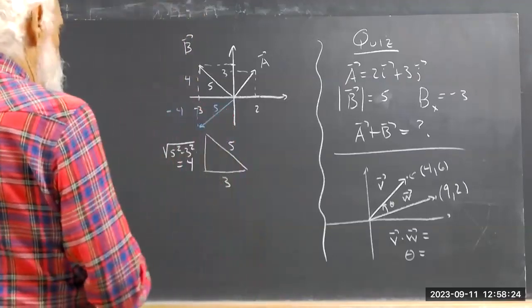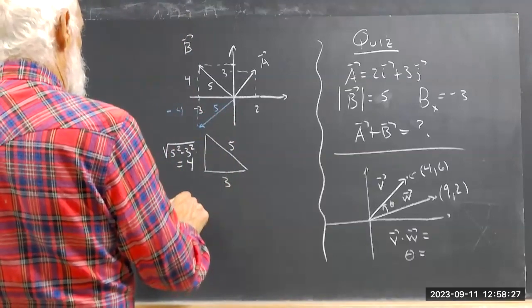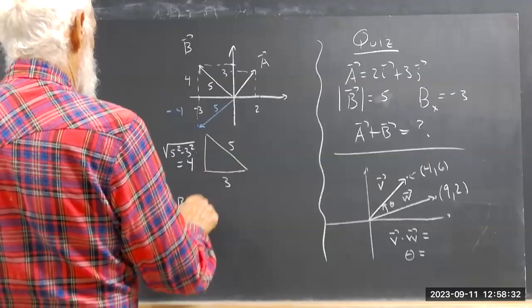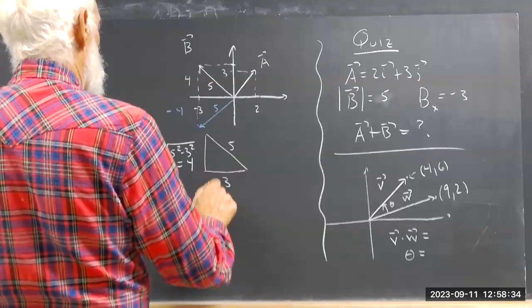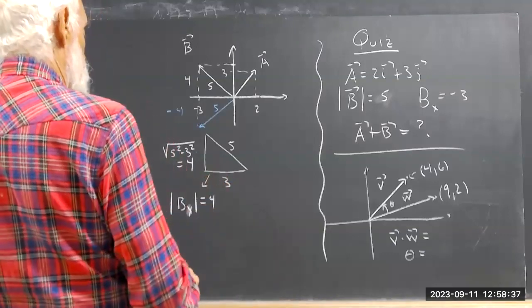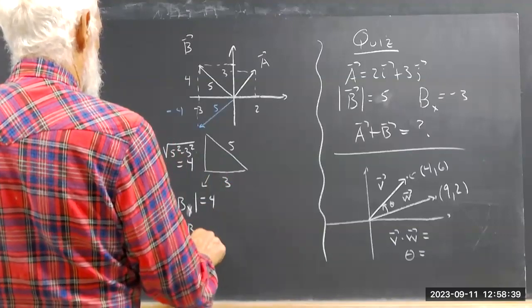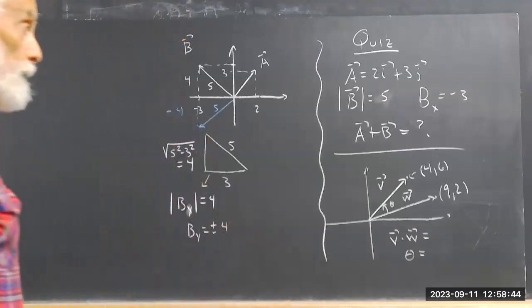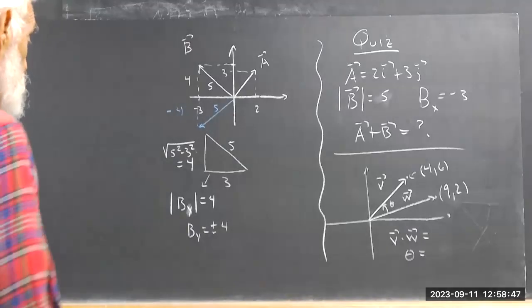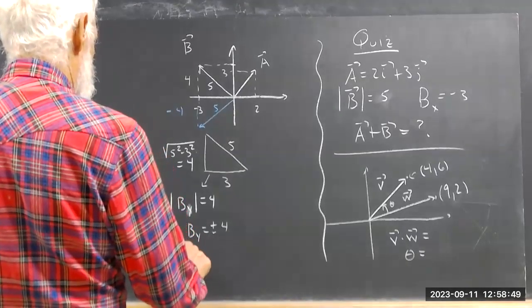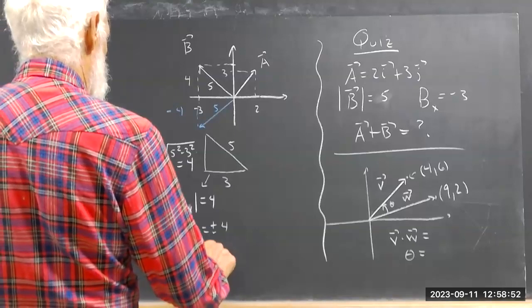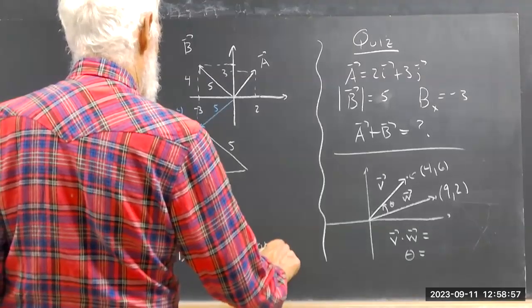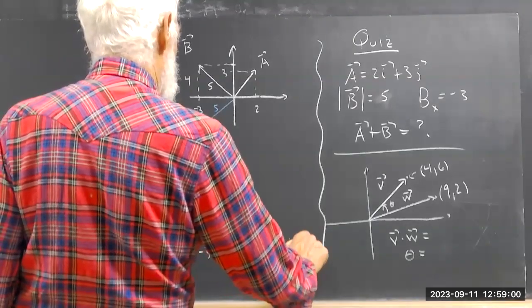So magnitude of BY equals 4 from this triangle. BY is plus or minus 4. Meaning that B equals -3i plus 4j or -3i minus 4j.